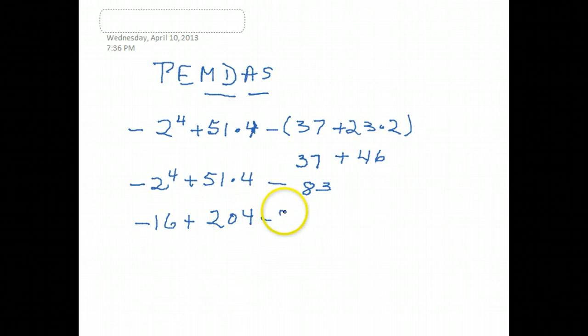And then I bring down the 83. And then if you have minus 16, and then you add 204, and you subtract 83, you're going to get 105. And that's the final answer.